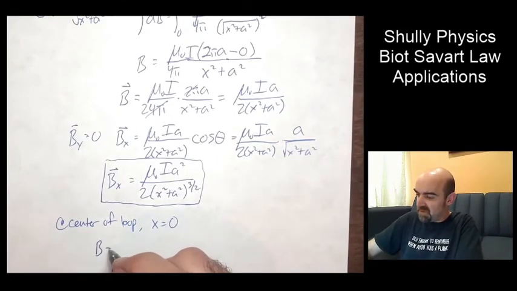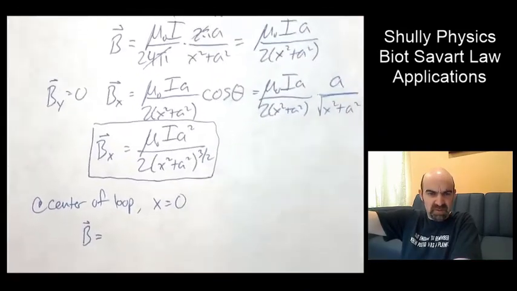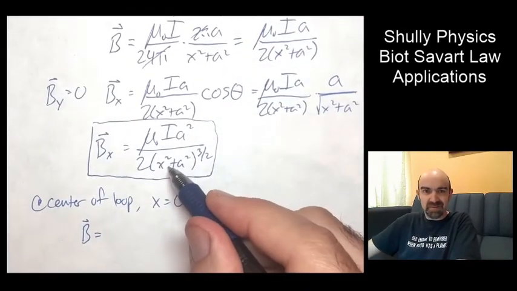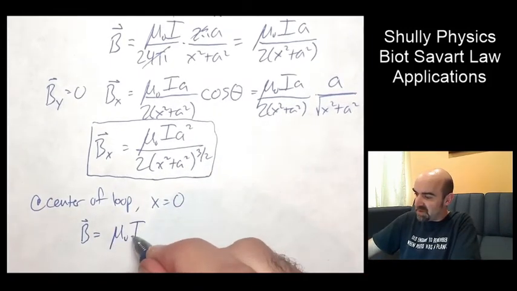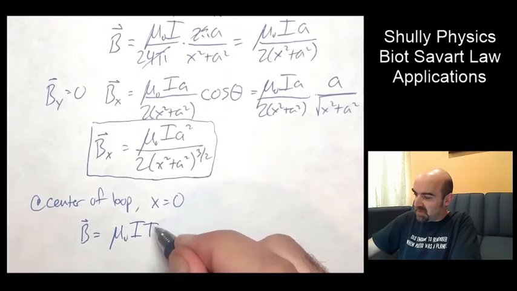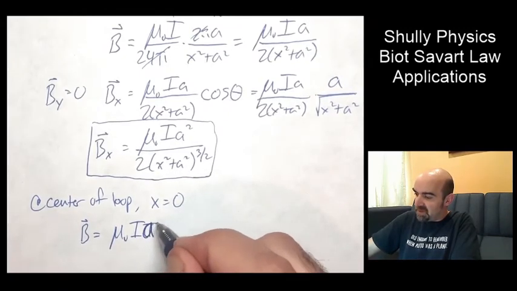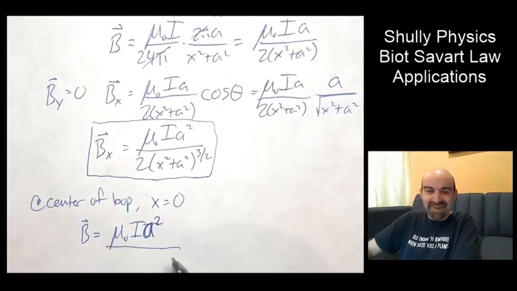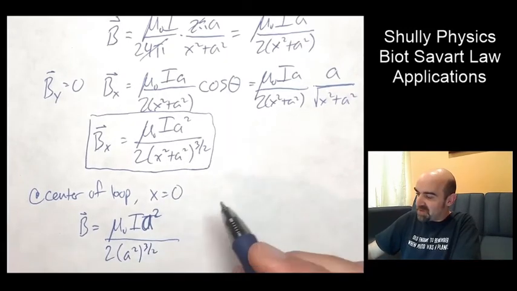And what would the magnetic field be there? Well, all we'd have to do is plug in a 0 for x, right? So 0 for x would give us mu naught I a squared divided by 2 times a squared to the 3 halves.